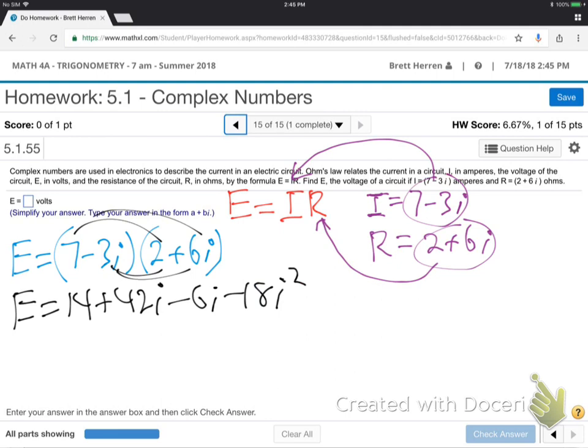And then we gather like terms. So what do we have? 14, these two in the middle, is that 36I? And then what do you do with minus 18I squared?